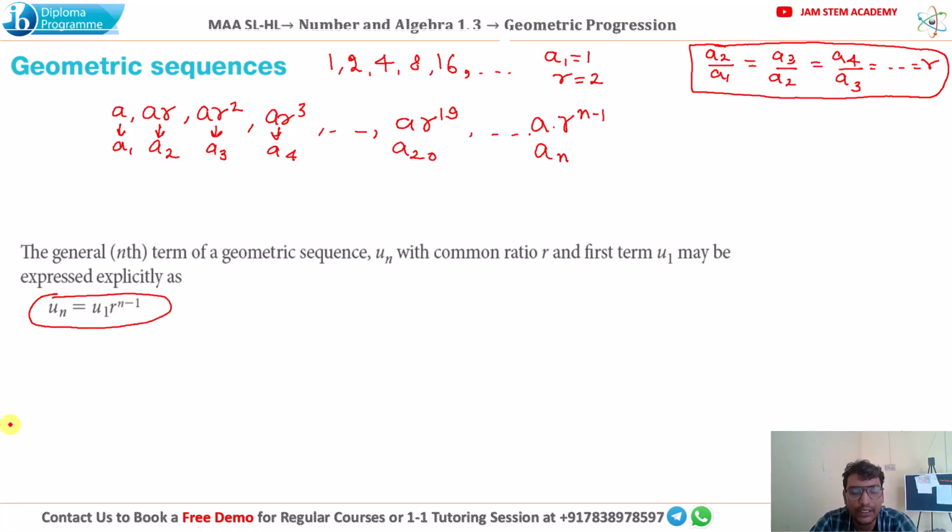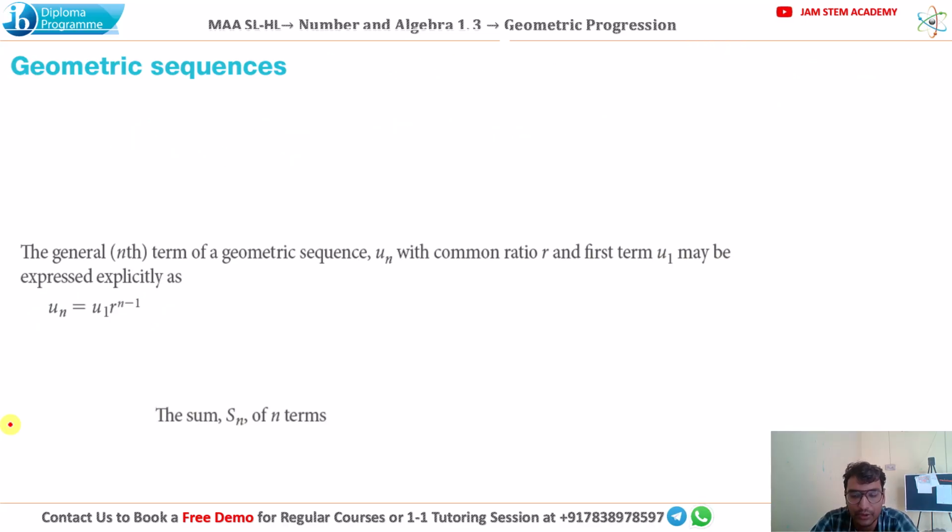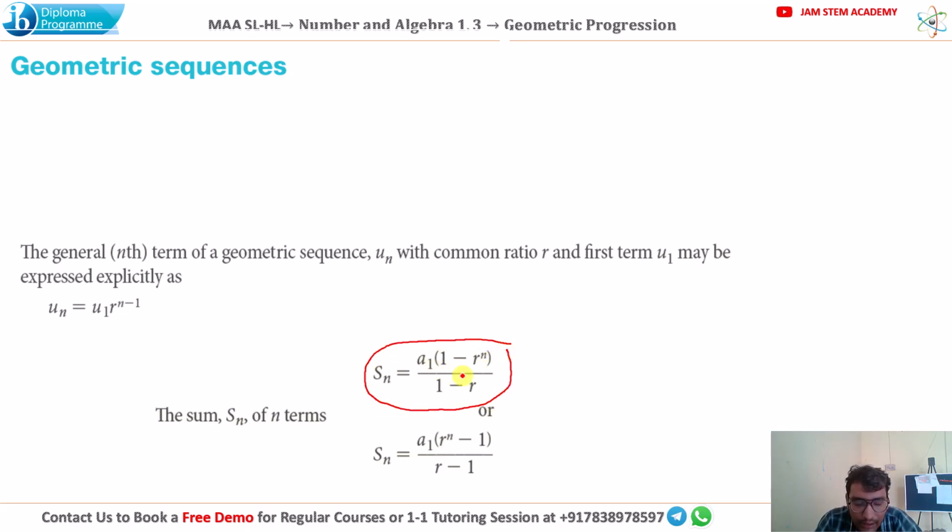Similarly, we also have a formula for the sum of the first n terms, and it is also provided in your formula booklet. Sn equals a1 times 1 minus r to the power n upon 1 minus r, or Sn equals a1 times r to the power n minus 1 upon r minus 1. Both are the same. If you take the minus sign common from the first one, you will get the second.